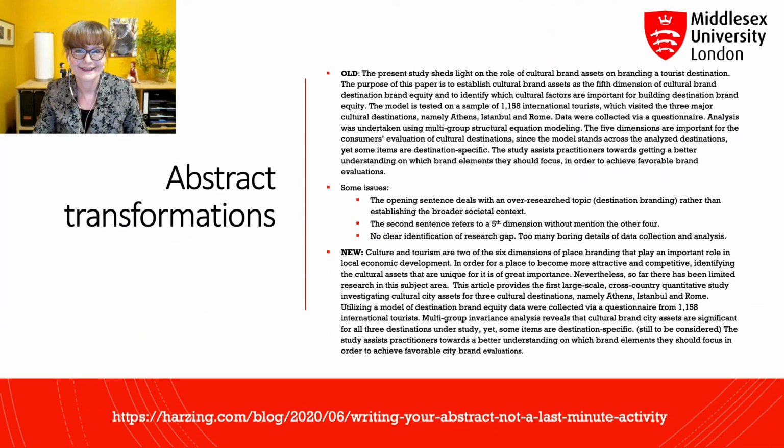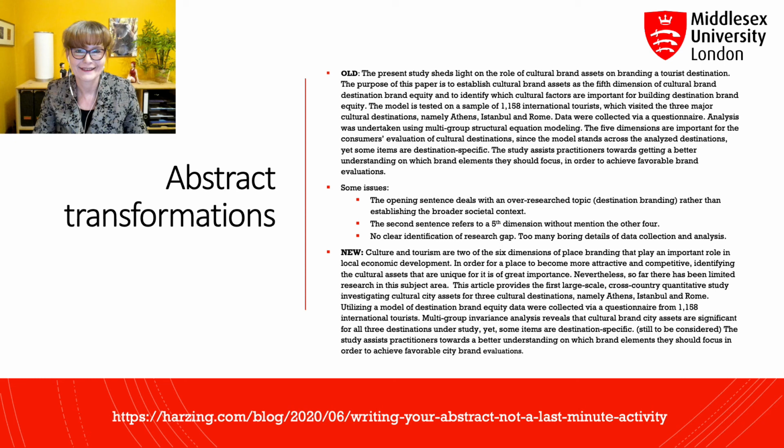The first example is an article in destination branding, a frequently researched topic in tourism. The key problem with the original abstract was that the opening sentence really focused on the over-researched topic of destination branding rather than establishing the broader societal context and indicating why destination branding is important in local economic development, which was the new abstract.